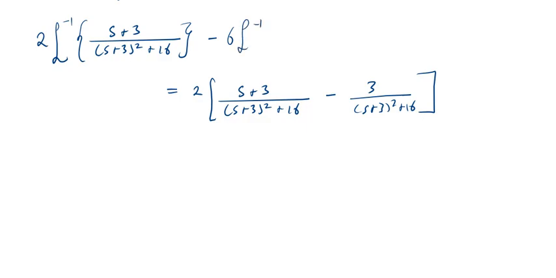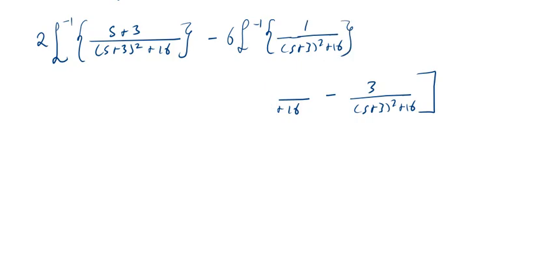inverse Laplace transform of that part, but I have to get rid of this 3 on the numerator, so I just place a 1 here like this. So that's what we have.